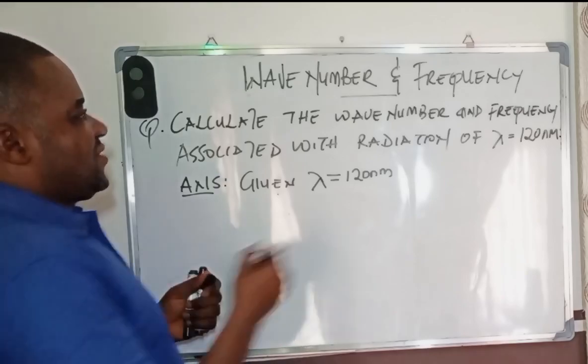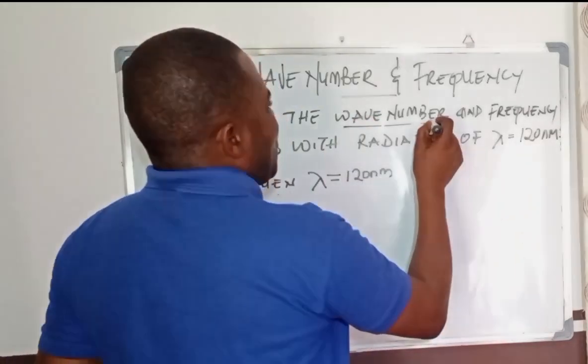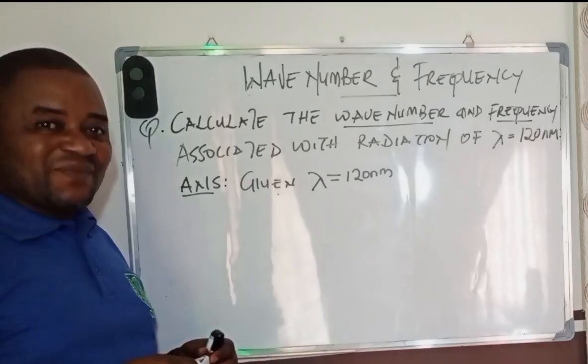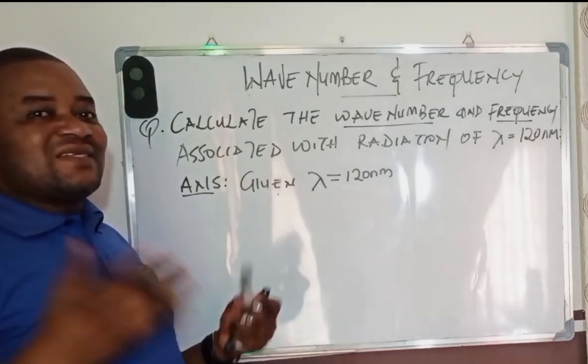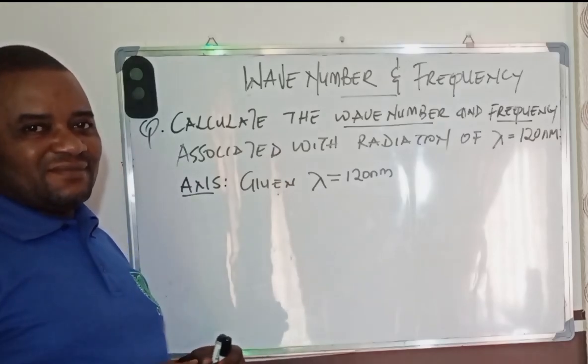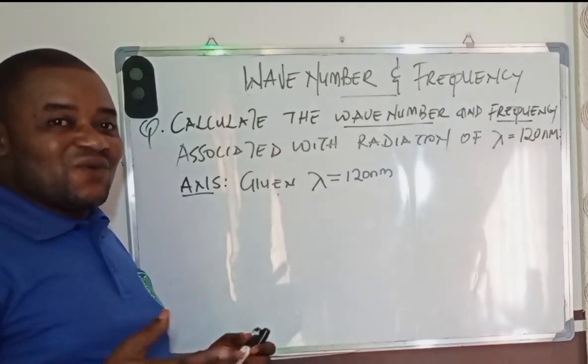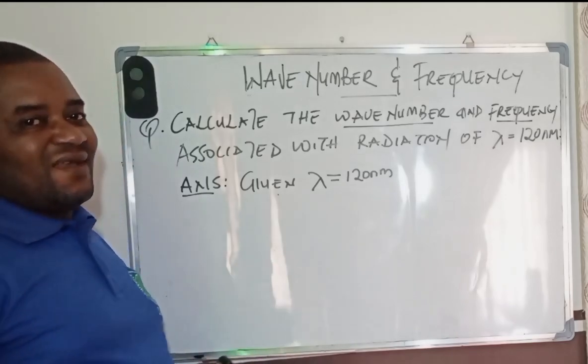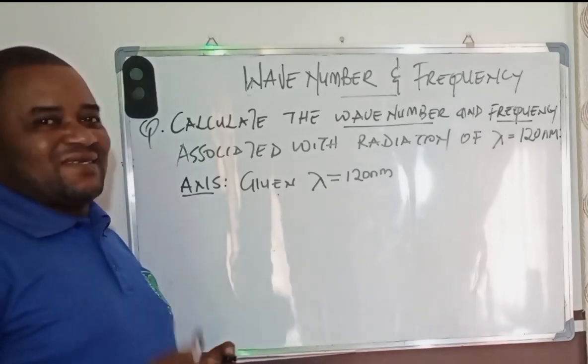So the first question says wave number before you have frequency. How do we determine wave number? The wave number equation is the same as the radiant energy equation. In case you cannot recall what it was, I will assist you.